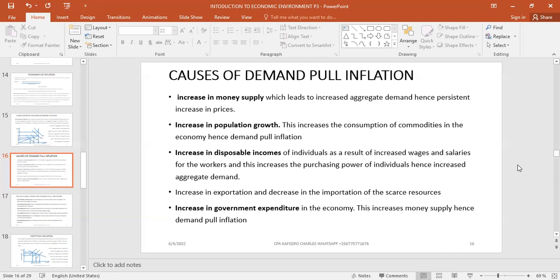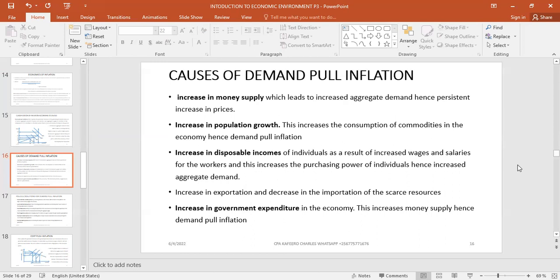But remember, some people, when they are exporting, are interested in getting the money, at the expense of not importing some of the other scarce resources. So by the time they export, they may export all, and we remain with nothing because we've given it out and not bought anything. At that point, we expect that you are going to attain full employment and there will be an increase in demand which you can't even satisfy.